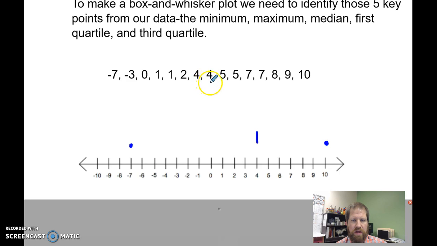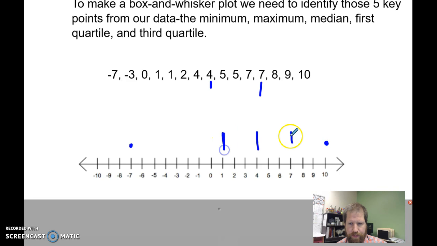If my median is 4, then in this data set, 1, 2, 3, 4, 5, 6, 7, 7 is going to be my third quartile. And same thing, 1, 2, 3, 4, 5, 6, 7. So 1, 2, 3, 4, 1 is going to be my first quartile. Oops, my lines are a little bit off.